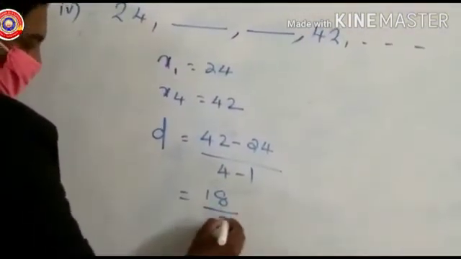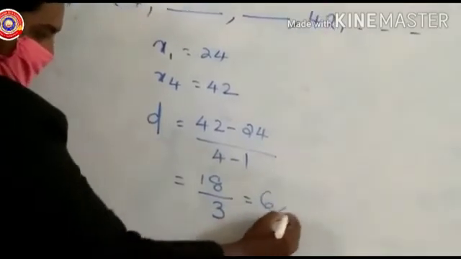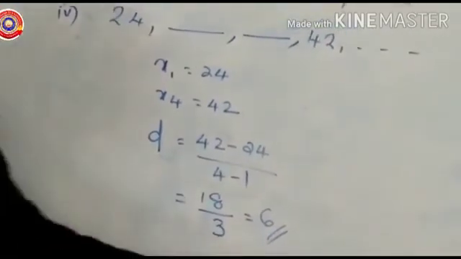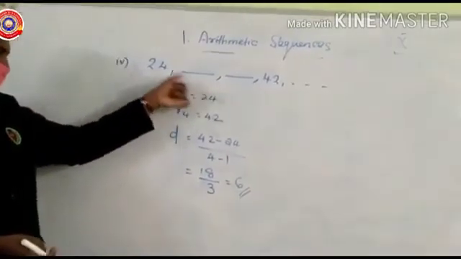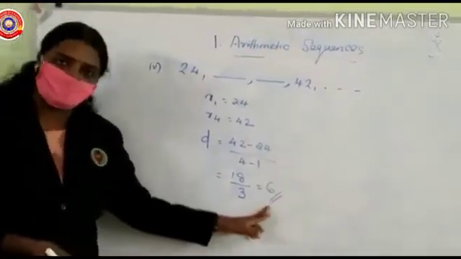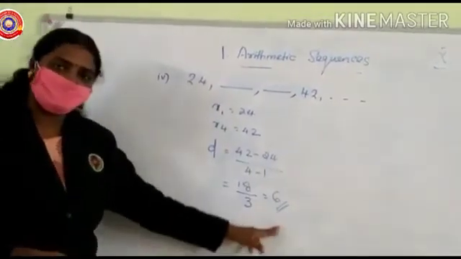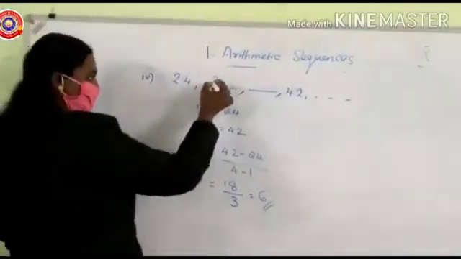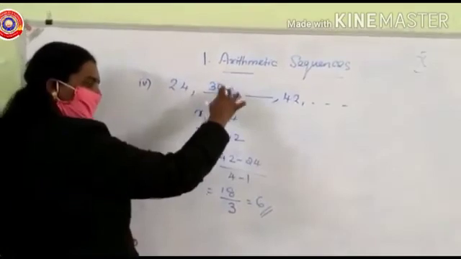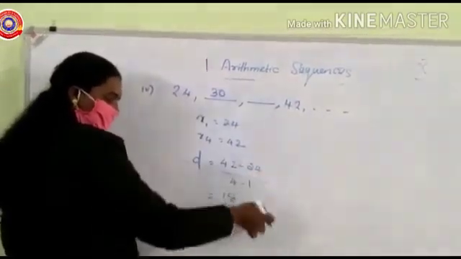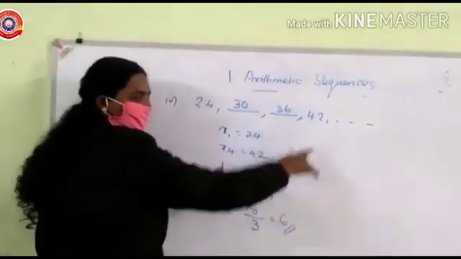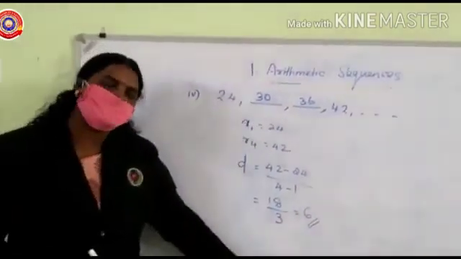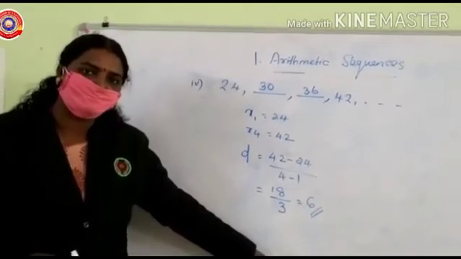It is equal to 18 by 3 equal to 6. Is it clear for you? d equal to 6. Next, we have to find the second term. First term plus common difference equal to second term. That means 24 plus 6 equal to 30 and 30 plus 6 we will get the third term and it is equal to 36. So we got the full arithmetic sequence using the common difference.